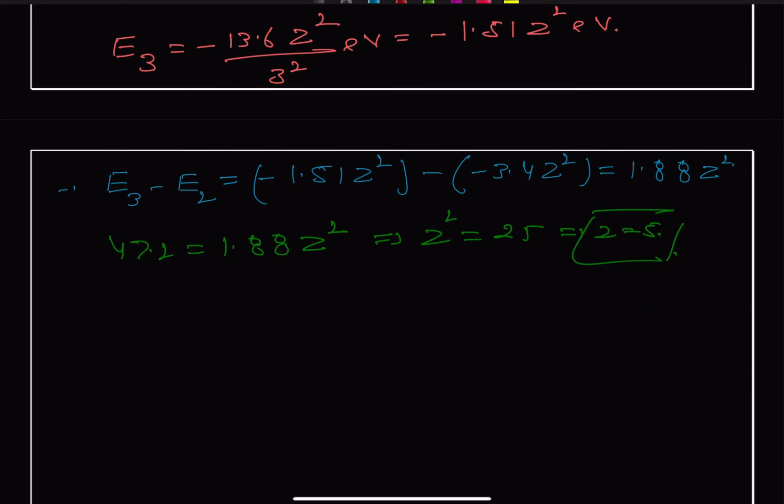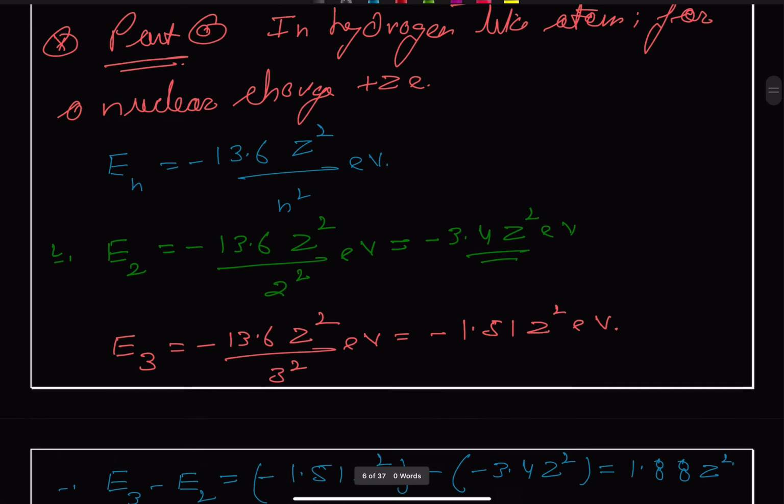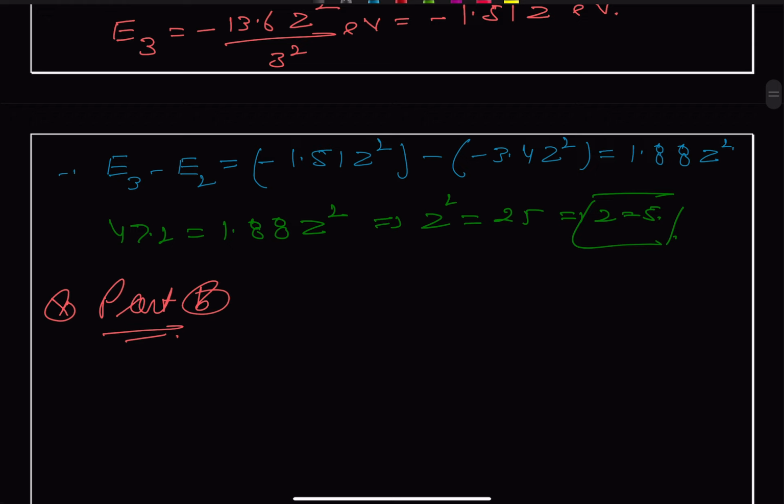Now we come to part B. Part B states the energy required to excite the electron from the third to the fourth orbit. And here we already got the value of Z, so we can easily find out E3 as well as E4. The energy required will be the difference between the two.